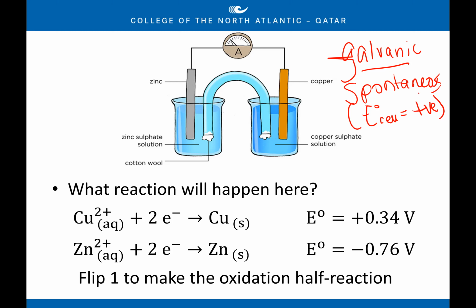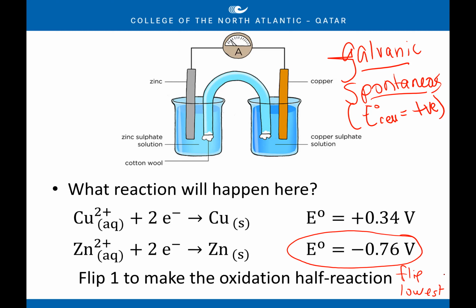So for a galvanic or spontaneous, you always flip the lowest. Remember, you're trying to make the reaction of these cells positive. So the easiest way to make this positive is to flip the last one, flip the zinc.